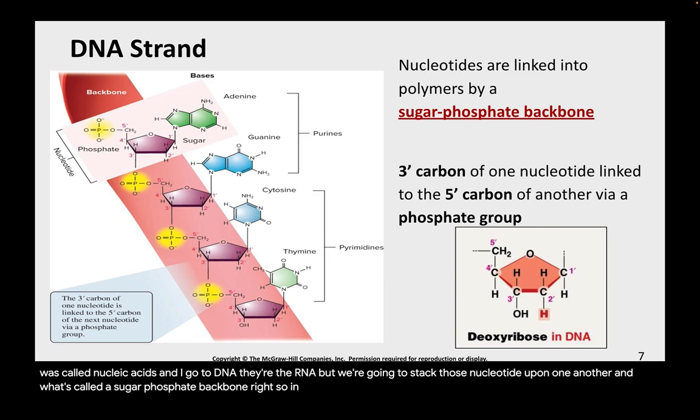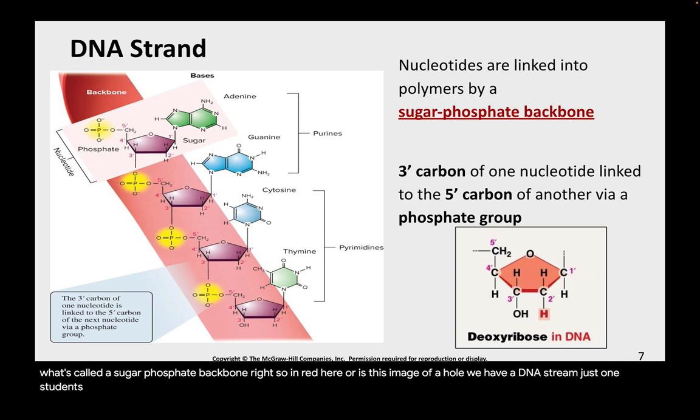So in this image as a whole, we have a DNA strand, just one strand. DNA typically has 2 strands. In red, we have the sugar phosphate backbone. Right? Now, it's the sugars and the phosphate that link the nucleotides together. Nitrogenous bases, right, just kind of hang out towards the center.